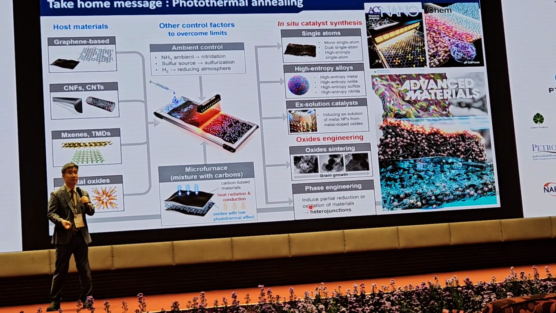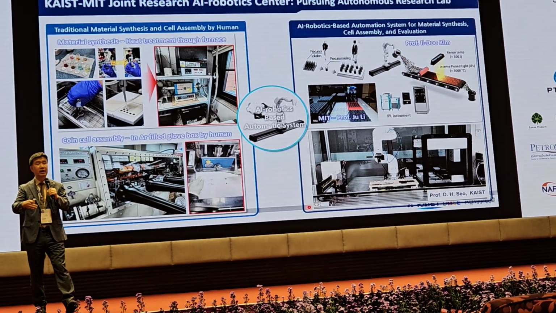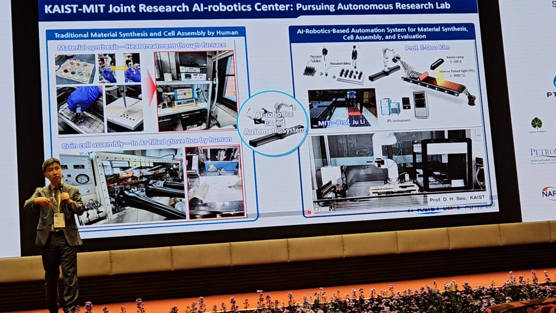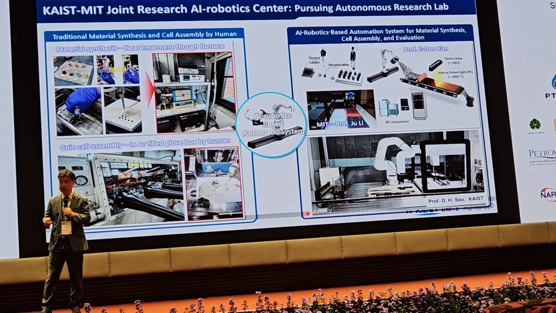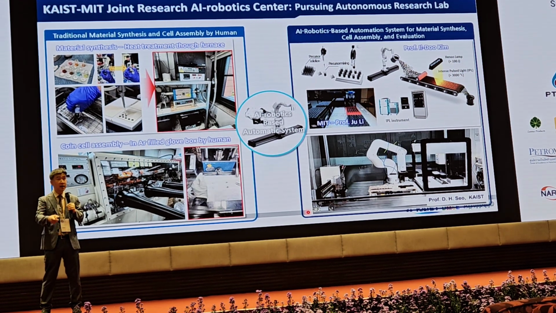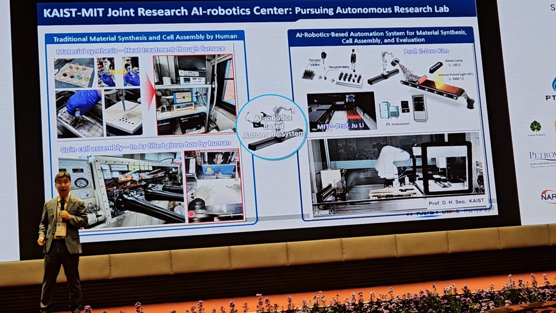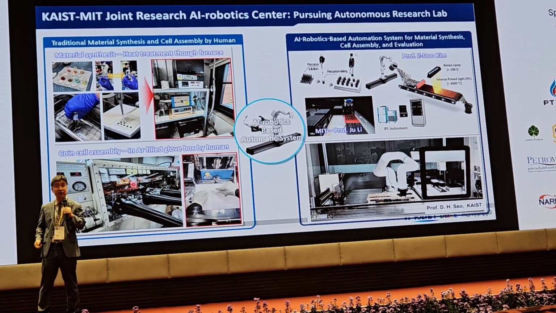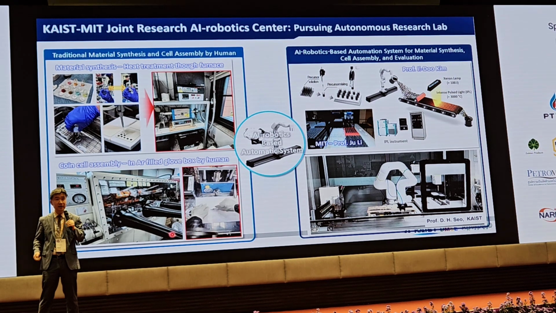Then what's next? What can you do using this ultra-fast approach? Recently, I won a huge grant, a KAIST joint research project. As you can see here, for the synthesis of lithium-ion battery cells, my students are using this argon-sealed glove box, right? There are so many human errors here.